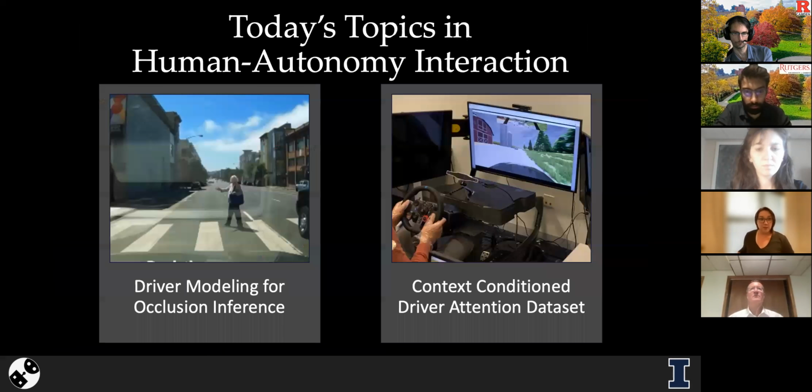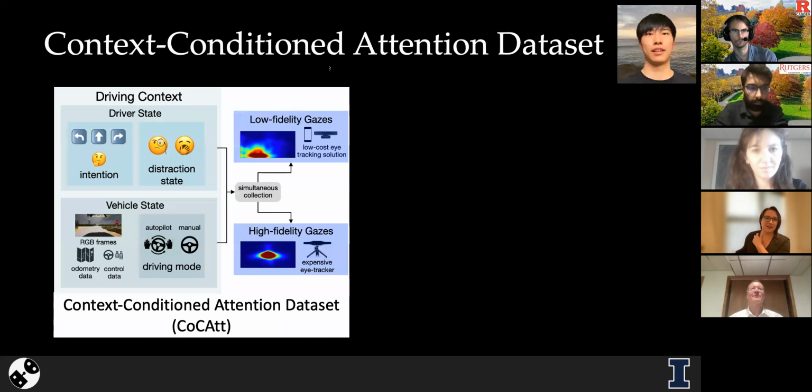I think I'm pretty close to time here, so I will just very briefly give a quick overview of this other data set, partially just because we've been spending a lot of time on it, so I want to talk about it. We've been looking a lot at driver attention. We've been building up this data set that is trying to capture all the different influences that could impact driver attention, basically where people are looking in a field.